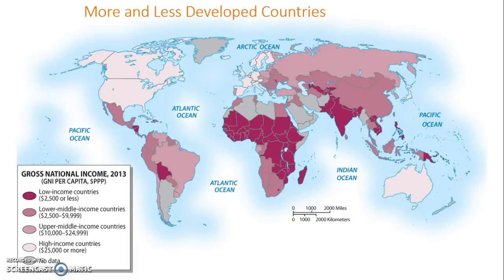And some of that imprint we see here: the least developed countries are found in Africa, some in Latin America, and some in Asia.